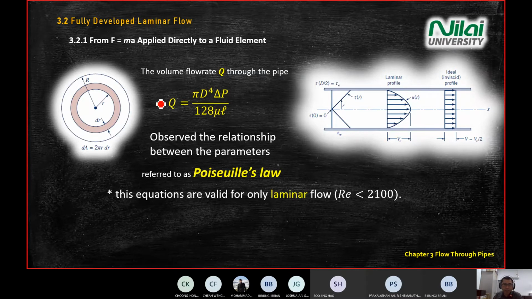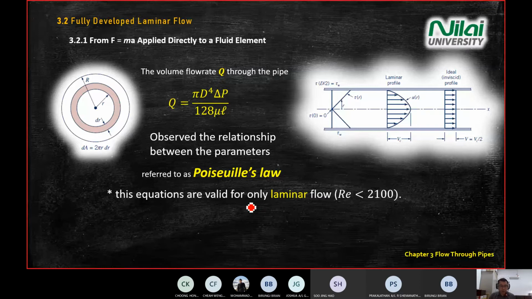So again, this one is called Poiseuille's law. This is in question 13. How we derive that one, you can look back at the slides. Again, we'll focus on the application of the equation.